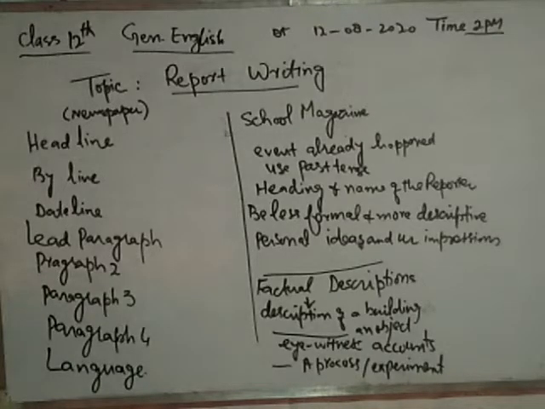Then there is the lead paragraph or the first para. It is an expansion of the headline, a few sentences. It answers the questions who, what, where, when, why. Then there is paragraph second.